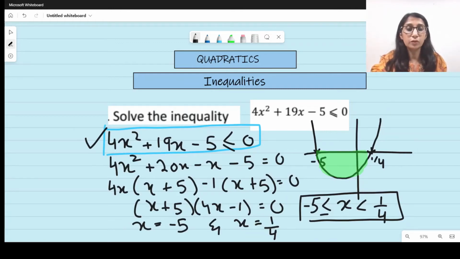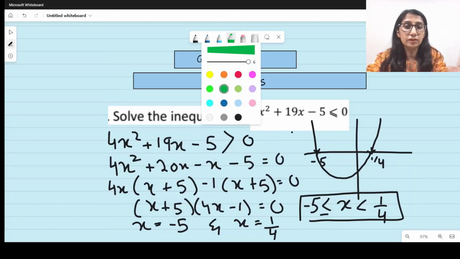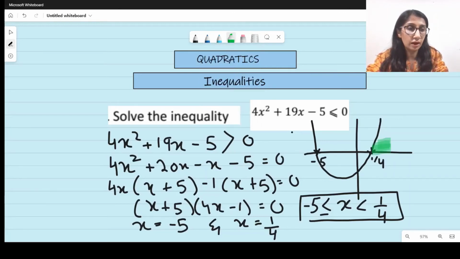However, if the question instead was greater than equals to 0, or let's just say greater than 0. If the question was greater than 0 instead of less than 0, then that would mean we're talking about this region where the graph is bigger than 0, and this region where the graph is bigger than 0.